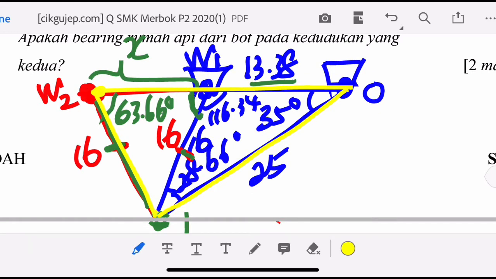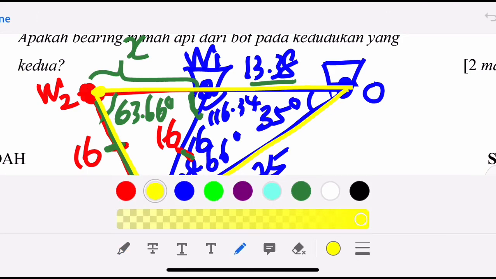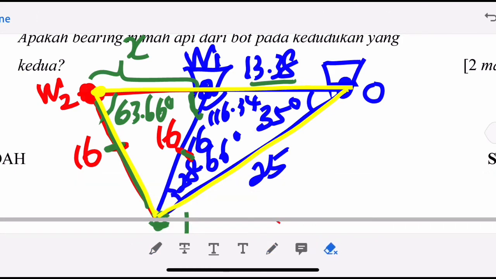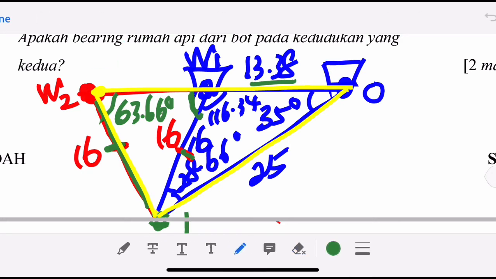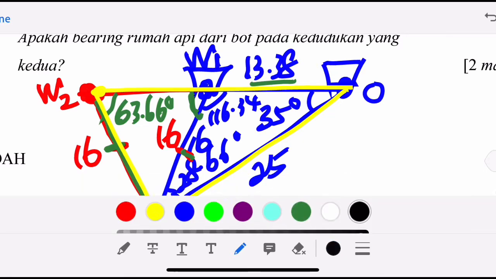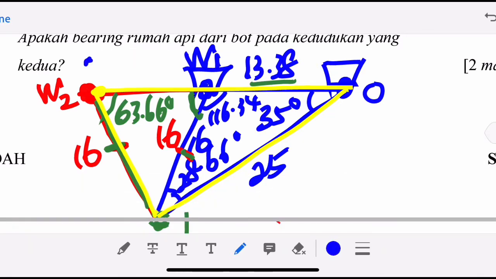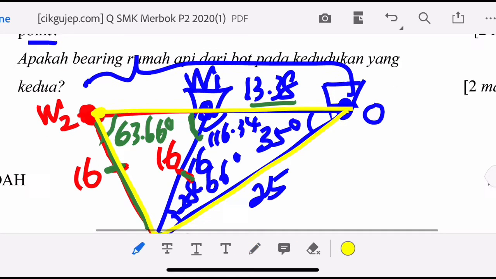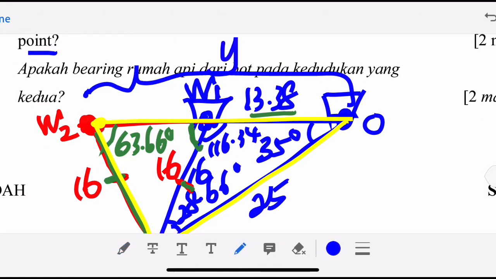Before we find the difference, we don't use x; we find this one first. Let's call it y, the distance here is y.